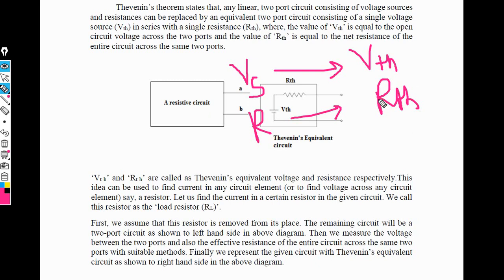First we need to calculate Thevenin's voltage and RTh, that is the equivalent resistance.